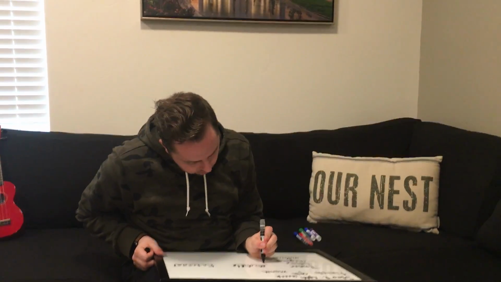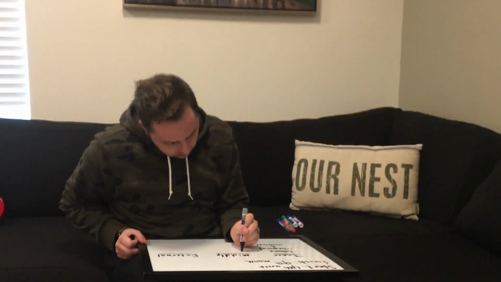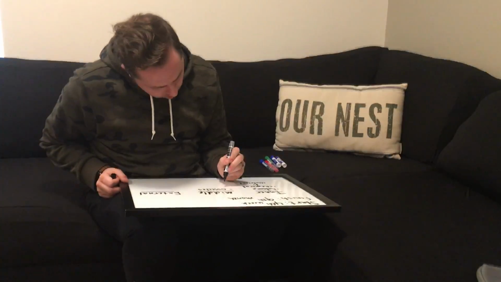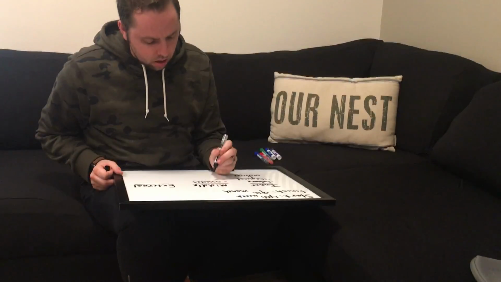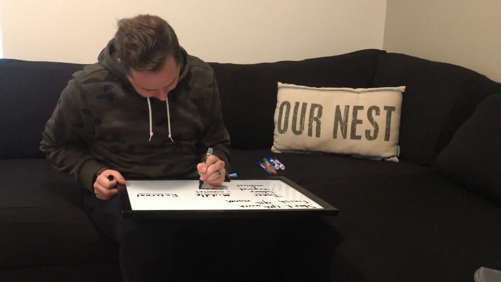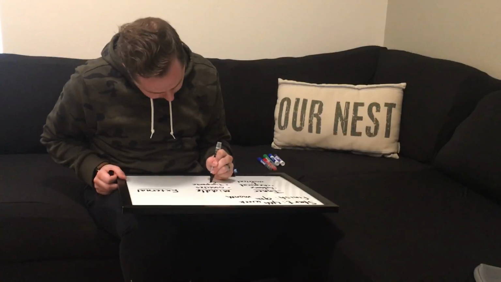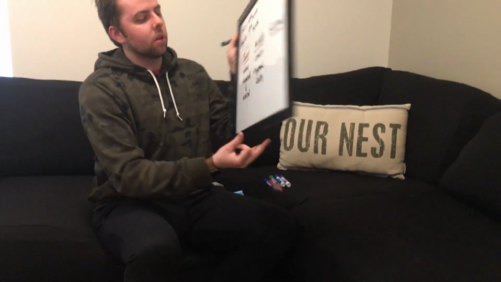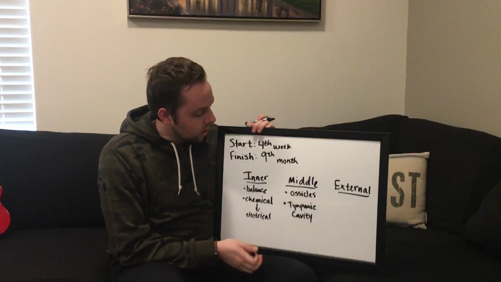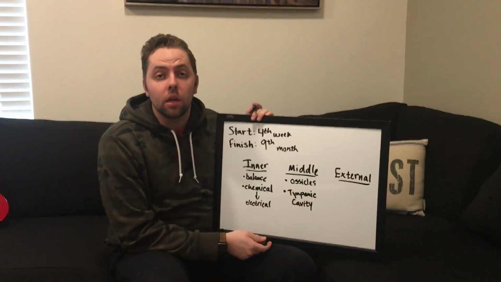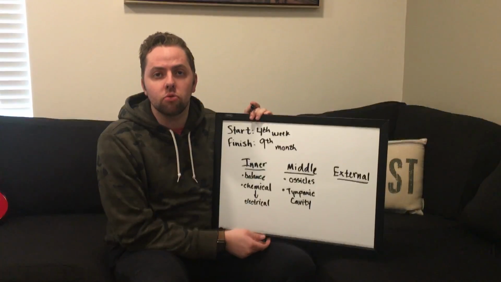There are a few components I wish to discuss with this, actually really just 2. We first talk about the ossicles, and then we talk about the tympanic cavity, as you can see here. The ossicles are the bones that are connected to your eardrum.